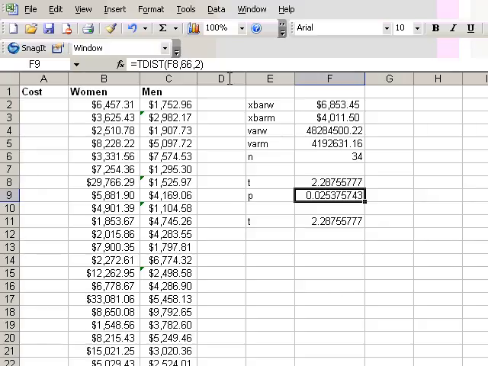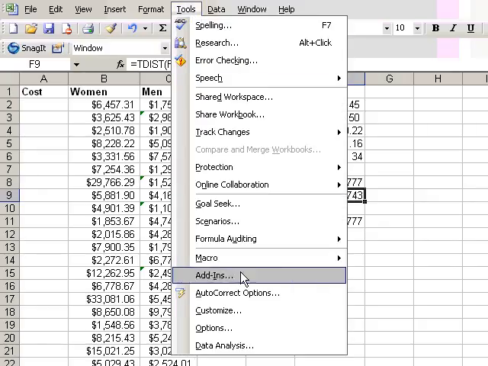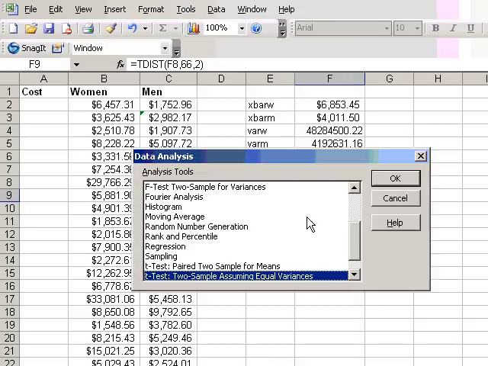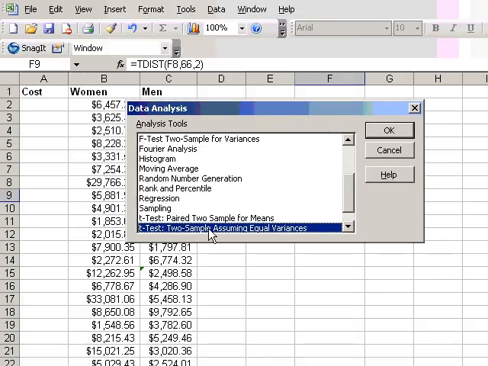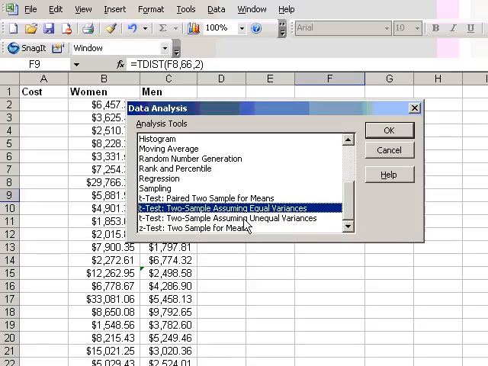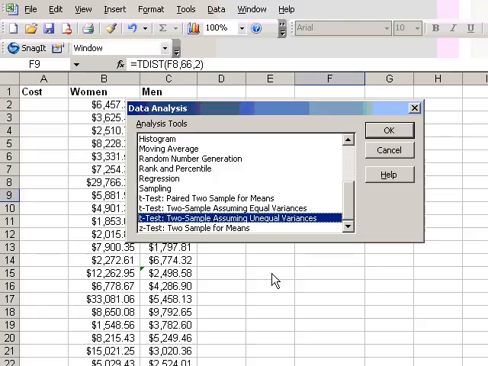Well, let's go back to Tools, Data Analysis, and this time, instead of taking t-test two-sample assuming equal variance, we're going to take the t-test two-sample assuming unequal variance.